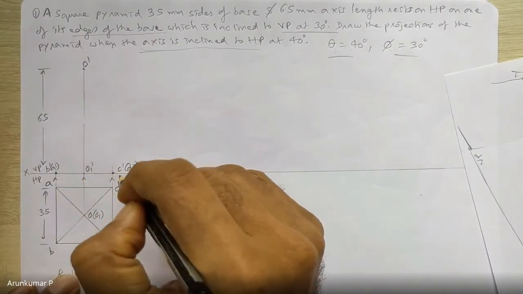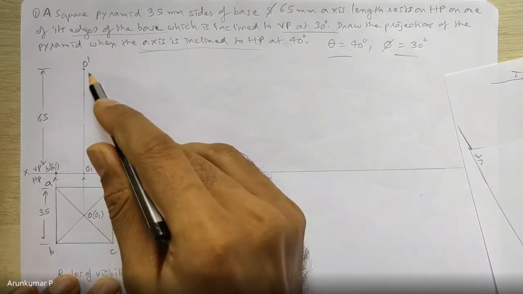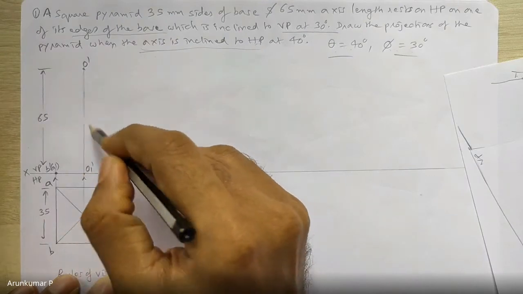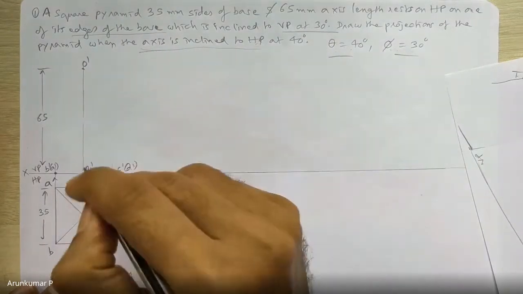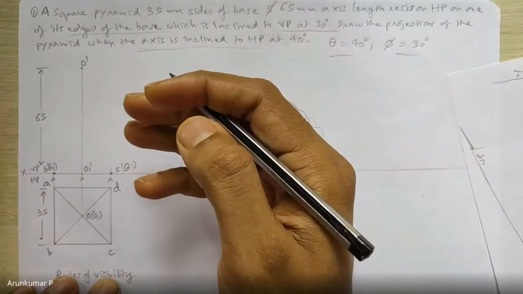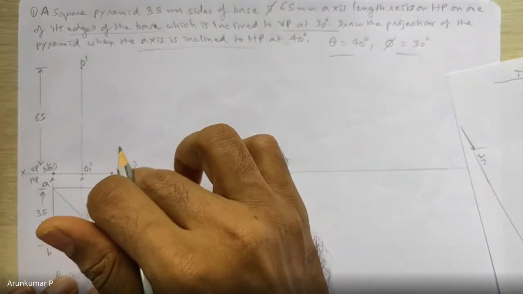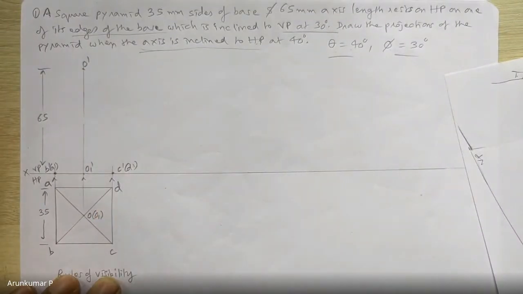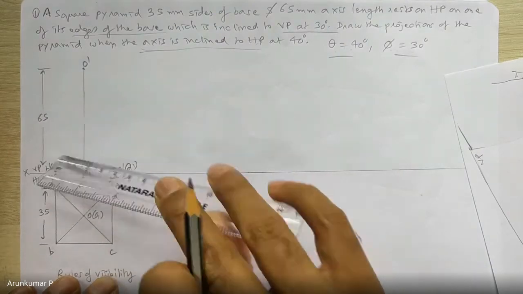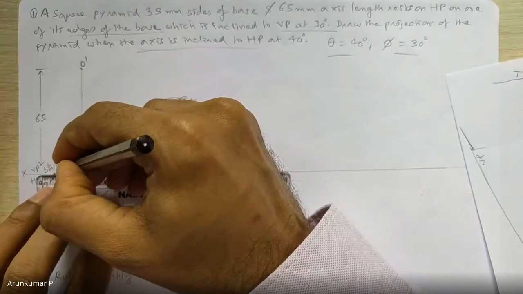I guess all of them. This is an exterior point, this is an exterior point. Even O1 dash also is. Is there any point that is inside? There is no point. But as we go on gradually, some points will come as we move on to the next problem. In this problem, fortunately, there is no such case. So what it means is simply join all these points by solid straight lines.